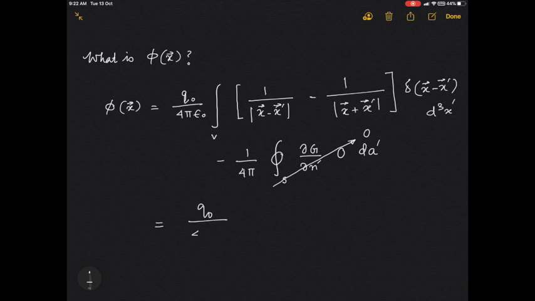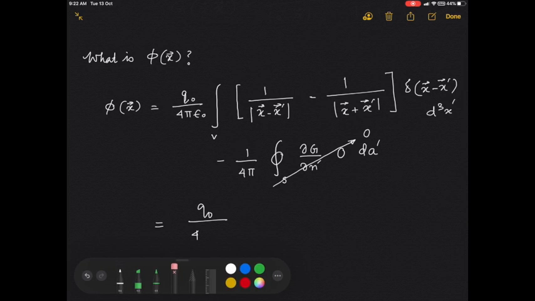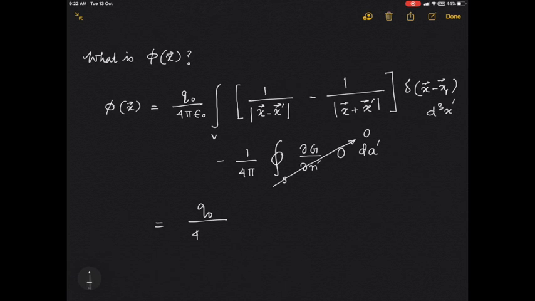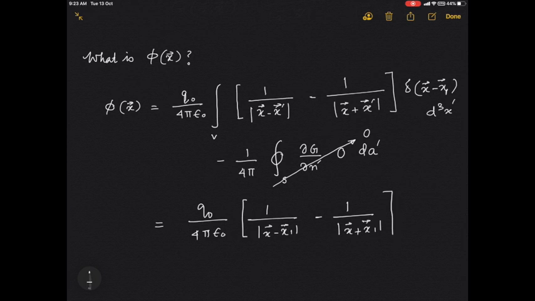So what I get here after doing the integrals, the charge is at x1, and that's all.